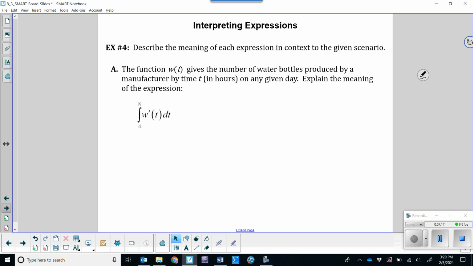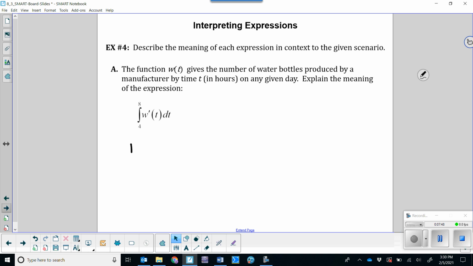So W prime would be water bottles per hour. We would have units there. That's a rate of change in water bottles per hour. So if we integrate that, we're going to get total water bottles. But be cautious, because remember on our interpretation, we've talked about this over and over, I've got to give the right units. So what am I finding, and when, or over what interval?